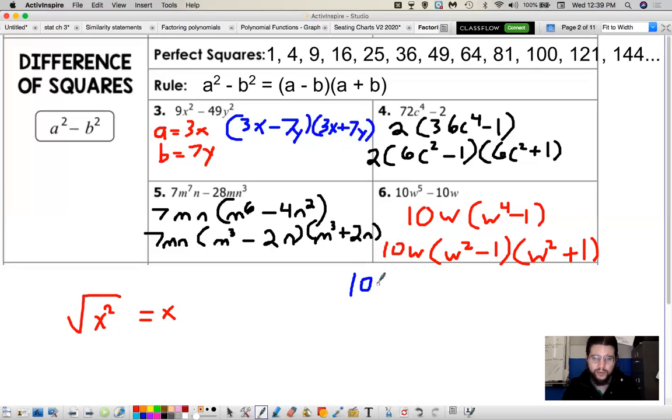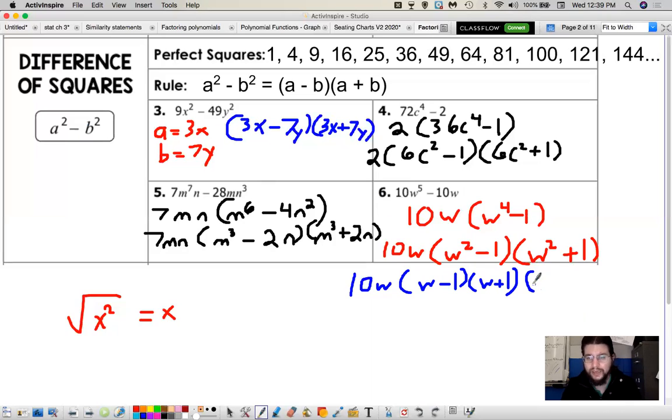10w, that's not going anywhere. The square root of w squared is w, minus square root of 1 is 1, times w plus 1. This one, though, that's a plus. You see that? That's a minus. So you can't do anything with that one.